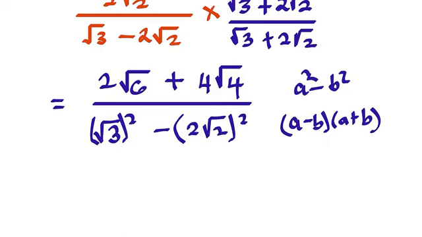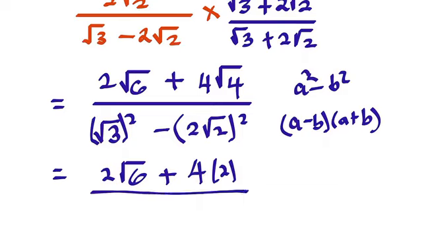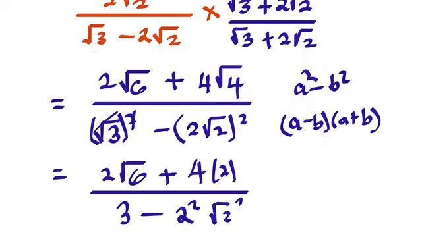So we're going to have 2 root 6, then plus the square root of 4 here is 2. So we're going to have 4 times 2, then divided by, here this we cancel, we're going to have 3 minus 2 root 2 squared. Are you getting it?